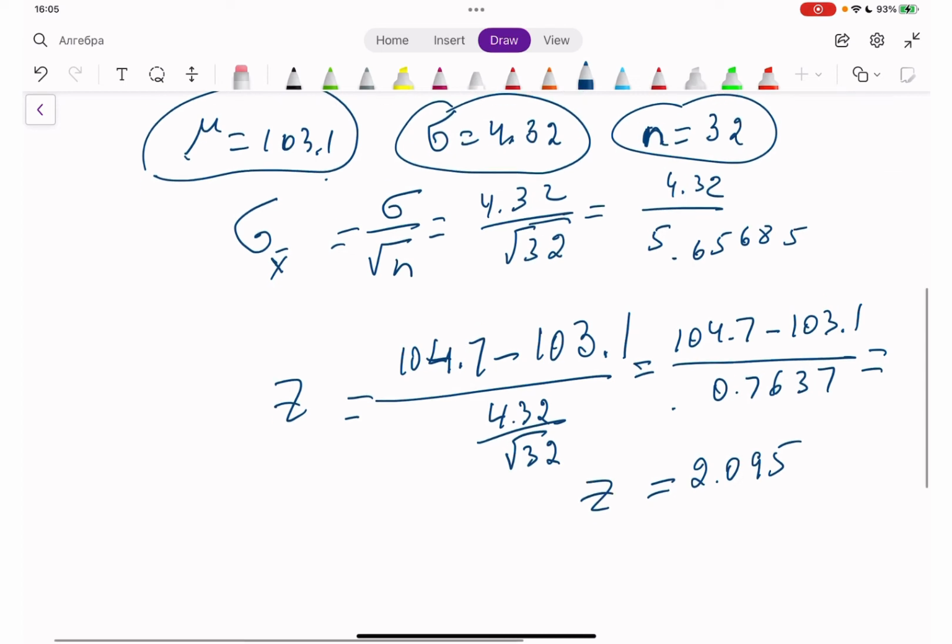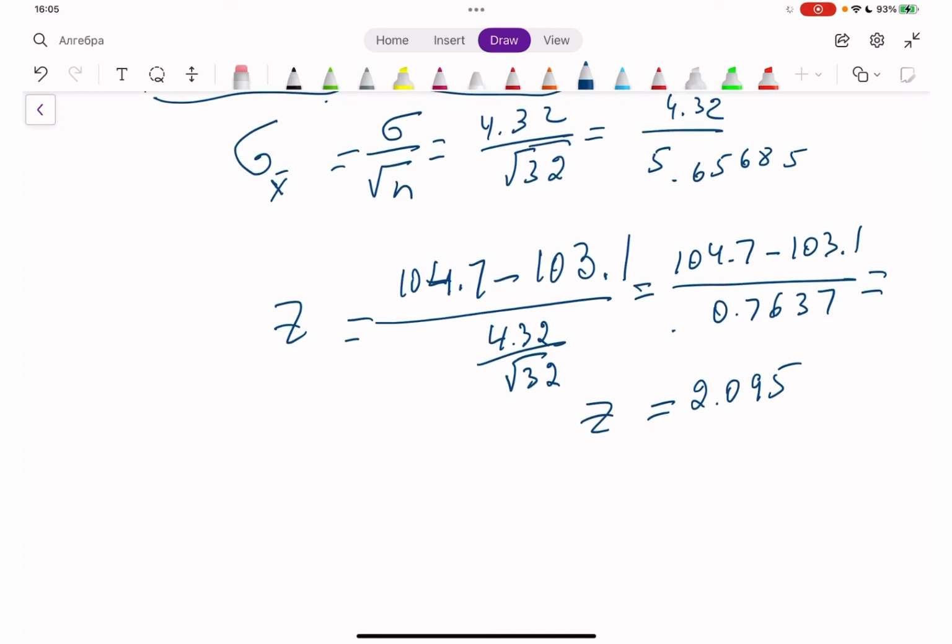And then with the z-score, you can either use the table or the z-score calculator. In previous homeworks, under the homework video, I placed the link to the z-score calculator, I mean probability calculator.